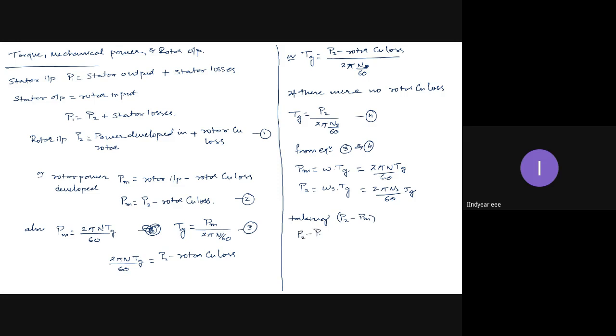So P2 minus Pm is equal to 2 pi Ns Tg by 60 minus 2 pi n Tg by 60, or P2 minus Pm is equal to 2 pi by 60 into Tg into (Ns minus n).